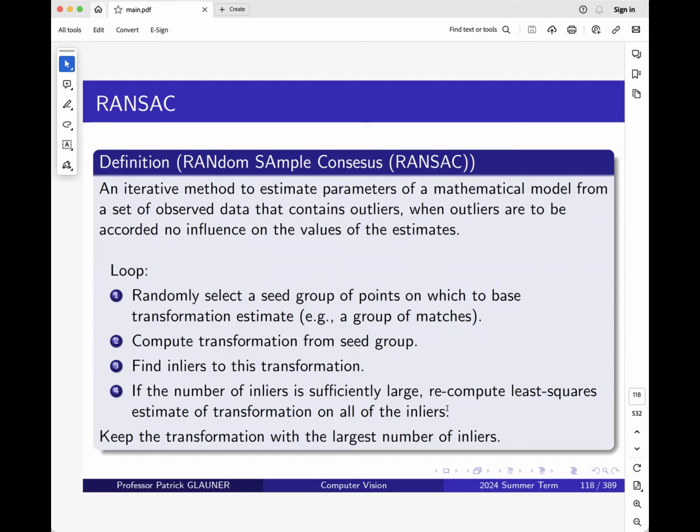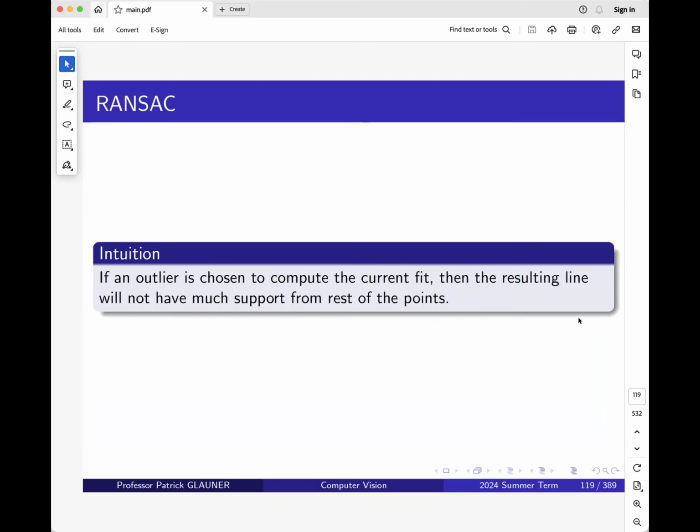And I would stop that loop once I'm actually happy with a seed group that I found and enough inliers for the transformation. So I would do this multiple times and then stop at some point when I'm happy. So concretely, I would pick the transformation with the largest number of inliers. That's the idea of RANSAC.